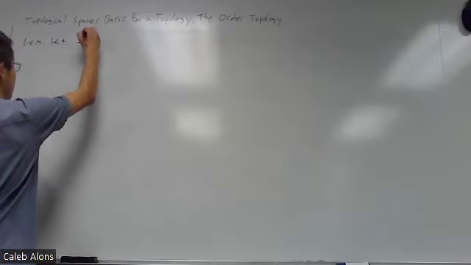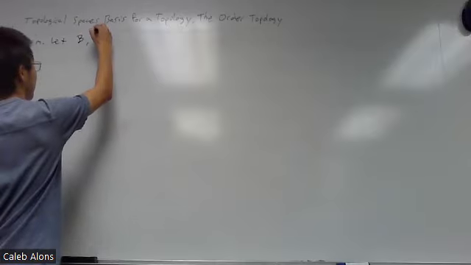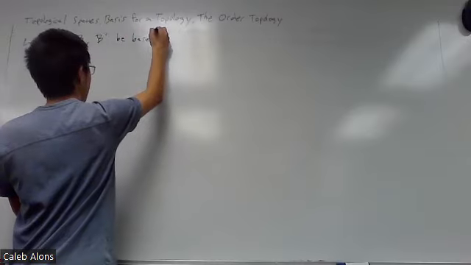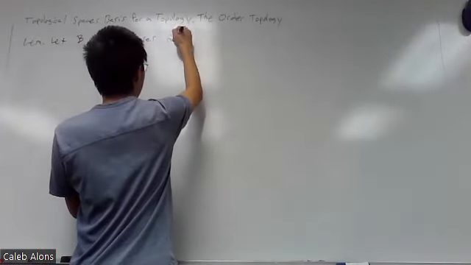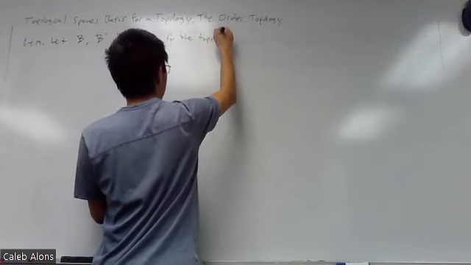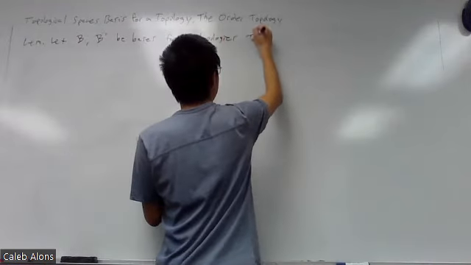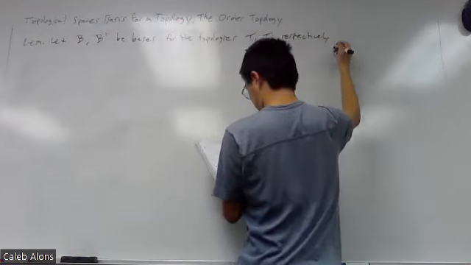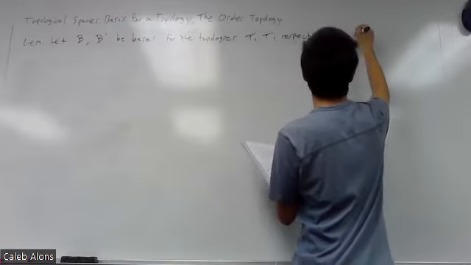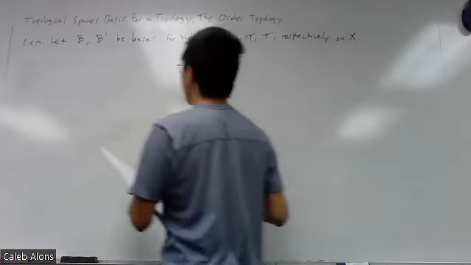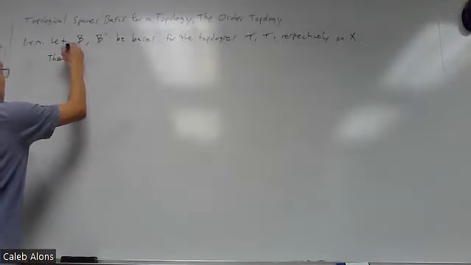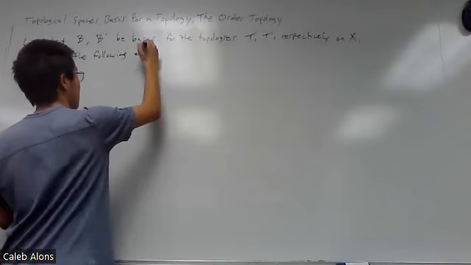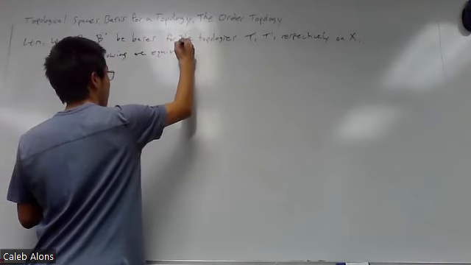Okay, so two collections, two bases, B and B prime, bases for the topologies T and T prime respectively on X. Then the following are equivalent.